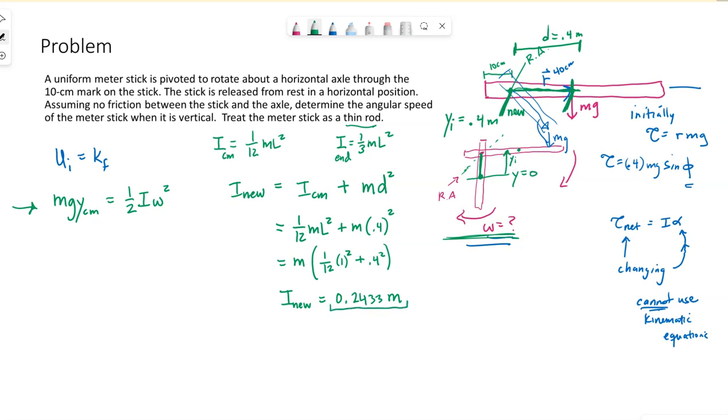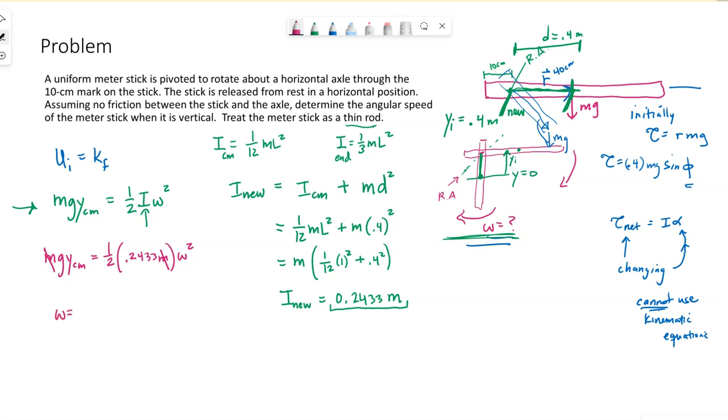I'm going to plug this in for I in our conservation of energy equation. When I do that, I now see that I have an m on both sides of the equation, so I can cancel that out.